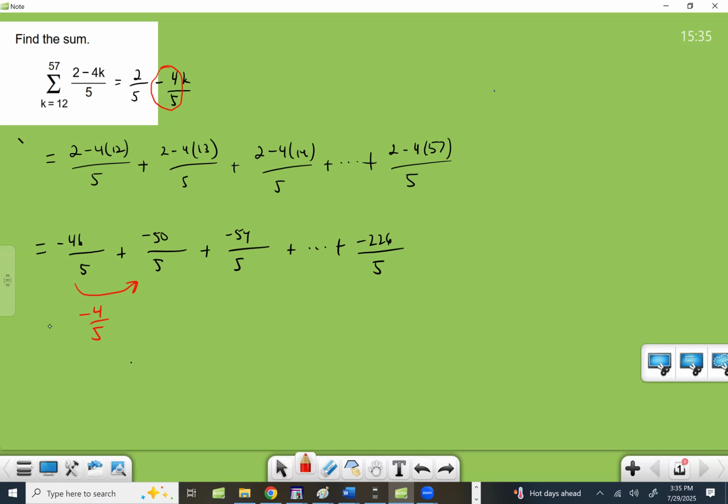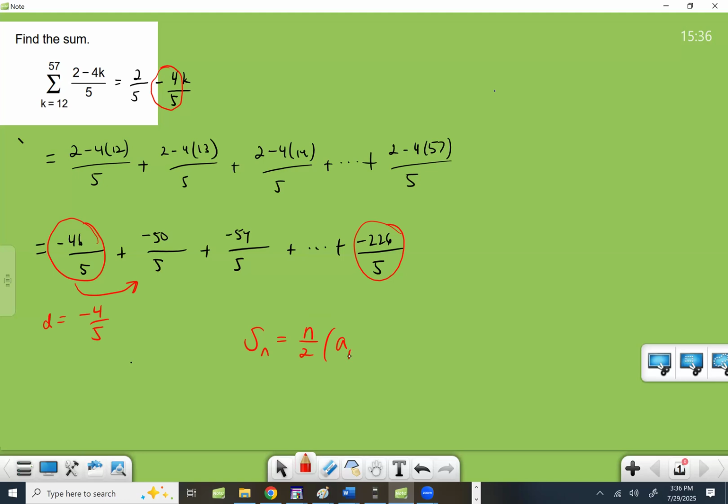All right, so we got our d, our common difference, and we already found the first term and the last term. So we are good to go to use Gauss's formula. To find the sum of the first n terms, it's n over 2 times the first term, a sub 1, plus the last term, a sub n.